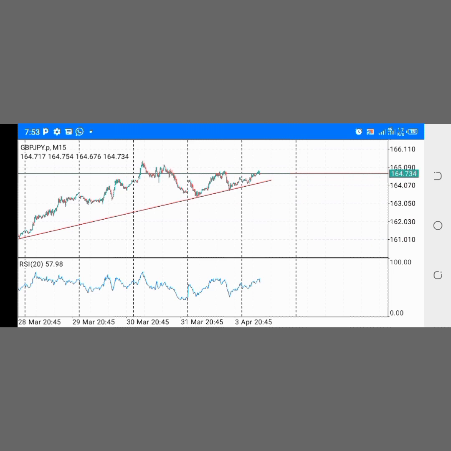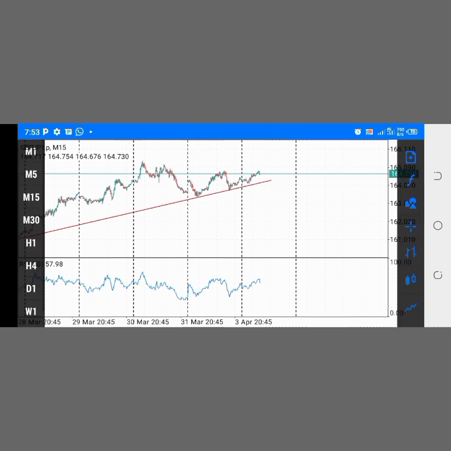And what about the exits? For the exits, you'll only be putting your stop loss at the area that invalidates your trading setup. For example, say the price comes and touches your trend line.